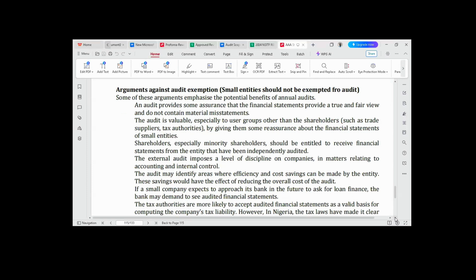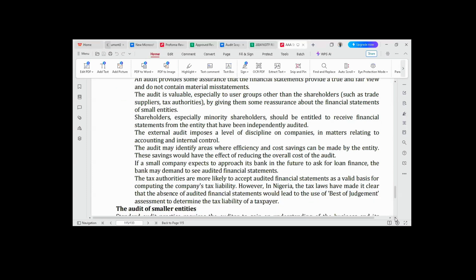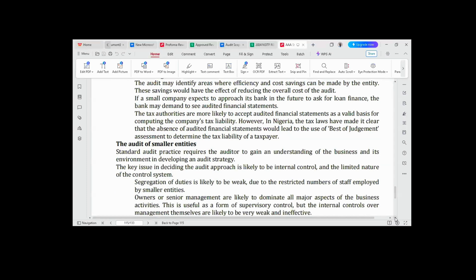That alone is a deterrent to what? To fraud. Okay? So those are the arguments for and against small companies' exemption from what? From audit.